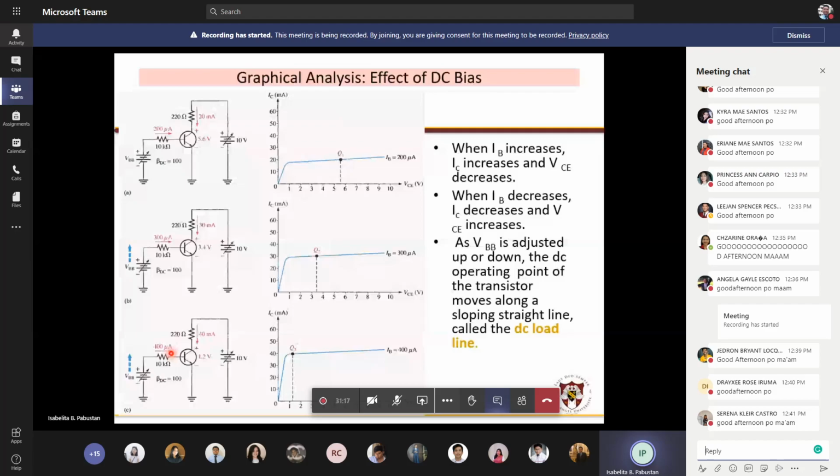Can you see? When 300 microamperes ang IB, ang VCE is 3.4. Resulta lang ito ng mga computations, yung IC is equal to beta IB, and then you can compute for the VCE, right? Negative VCC plus ICRC plus VCE equal to 0. So therefore, VCE is equal to VCC minus ICRC. That's how you compute for the VCE. Okay? Just using the formulas that you had last time.